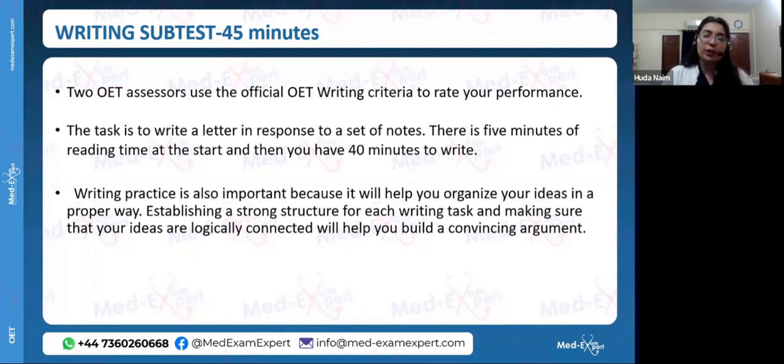Not only will you be marked for your English, but also for your pattern of writing and your effective communication. There is a set criteria against which the letters are marked. So it's always ideal to get your letters assessed by a professional, and then you can improve your writing as per the feedback that you get.